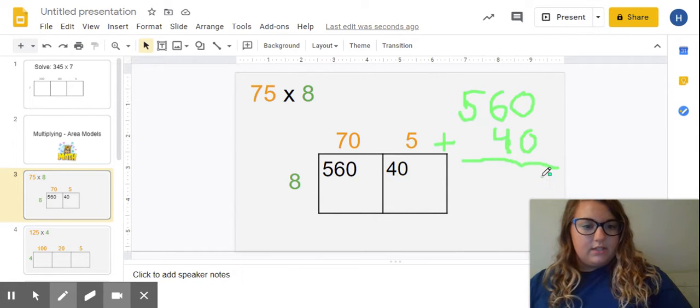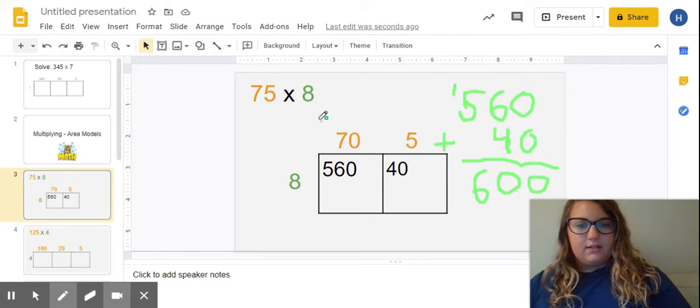So adding my zeros together, my ones place, adding my tens place, and then adding my hundreds place. So I know that 75 times 8 equals 600.